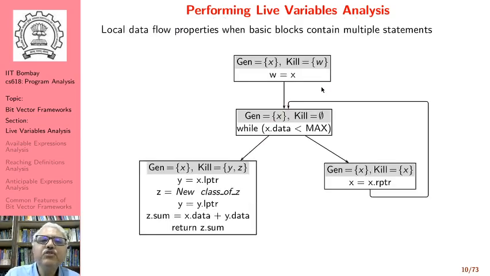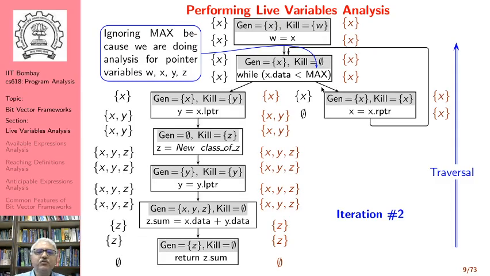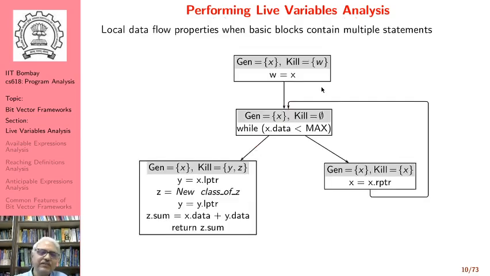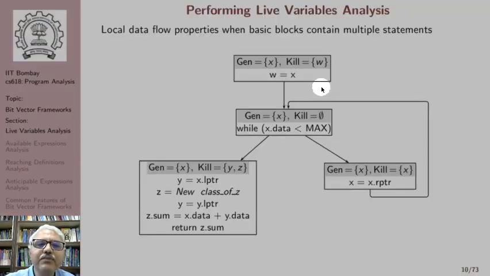Okay, so in the previous control flow graph, we had a basic block containing a single statement, but for bit vector frameworks, as we had seen earlier, we could construct a basic block containing multiple statements. So this is that example where this particular basic block contains all these statements. Note that here it says that the liveness of y and z is killed because there is assignment to y.